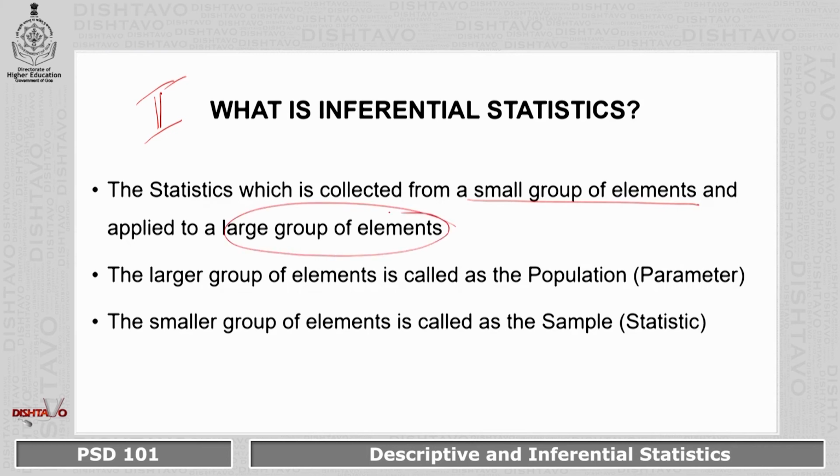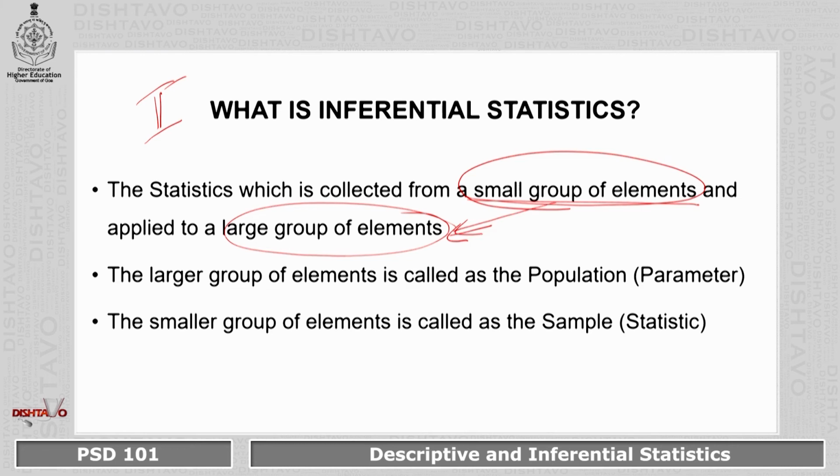Sometimes it is not possible to meet all those people of the population, because some may die, some may be sick, some may have other commitments, and we may not get to meet these individuals. But statistics offers a way: we can take a small group of elements and generalize it to the large group of elements.